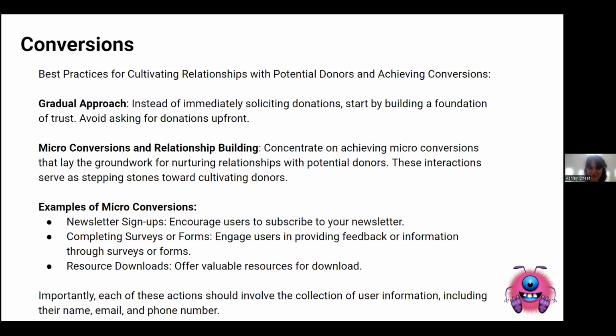We don't do this, but we could offer a download for what to do if you have a low performing campaign, a low performing checklist. So something along that line that could be of value to your user that they might want to download. And before they download, they would simply enter their name and email.